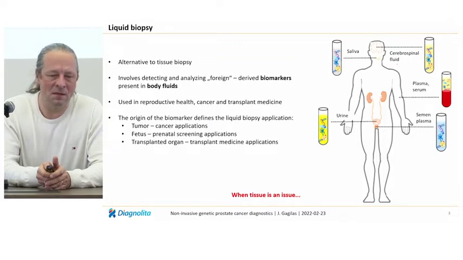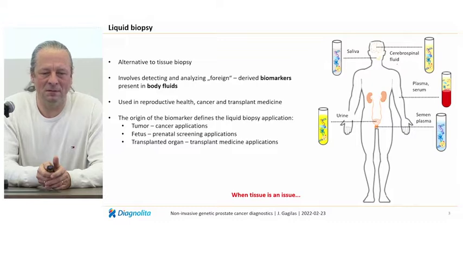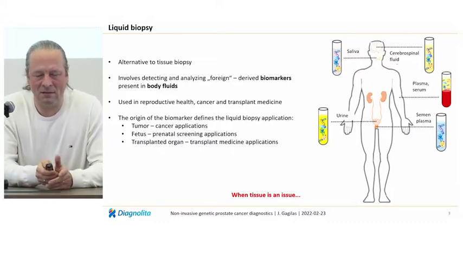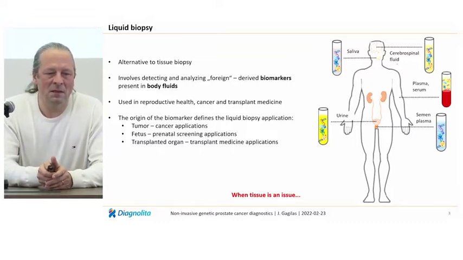It can be cells or molecules, and information from these biomarkers can tell you about the foreign cells in the body. Liquid biopsy is widely used in reproductive health, cancer, and transplant medicine.